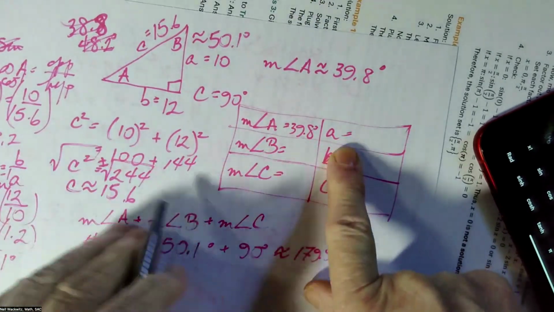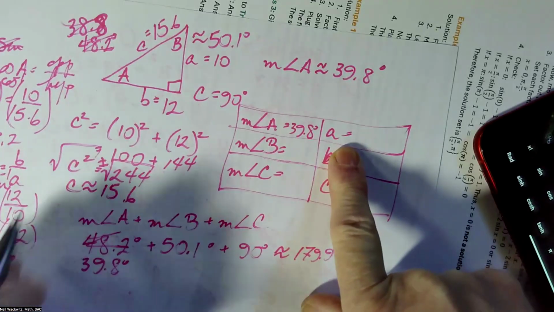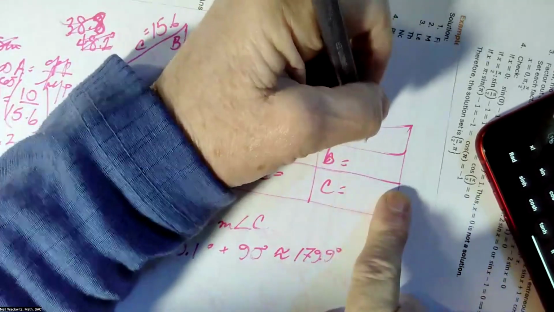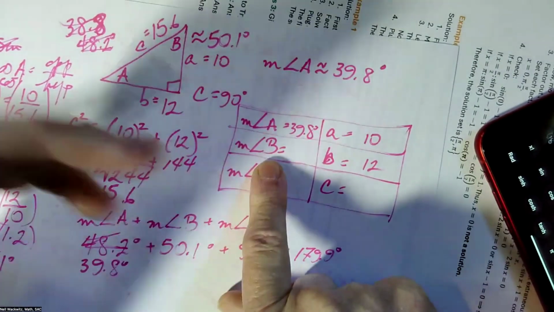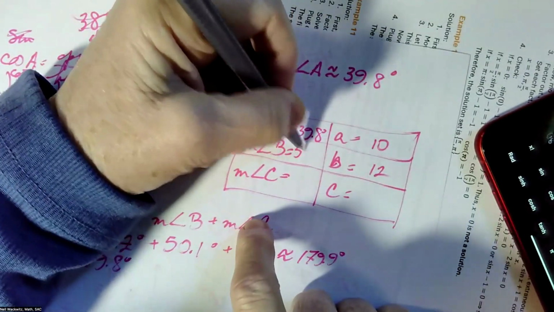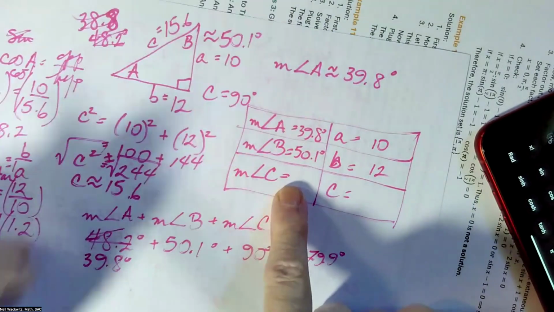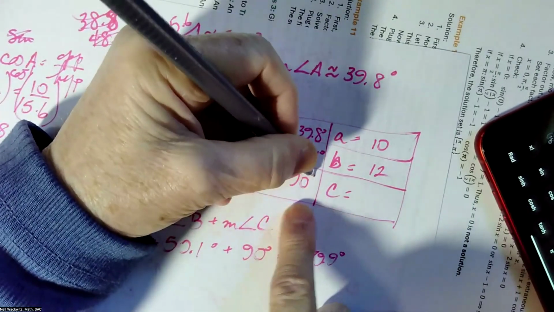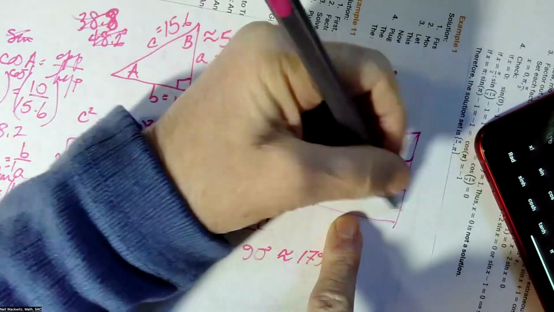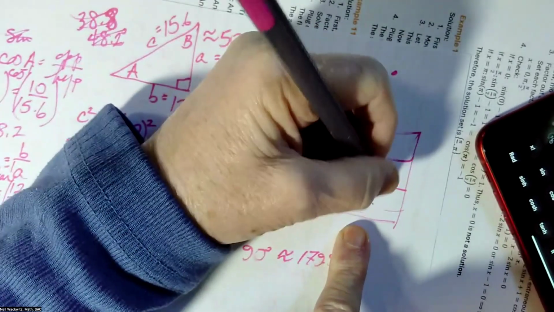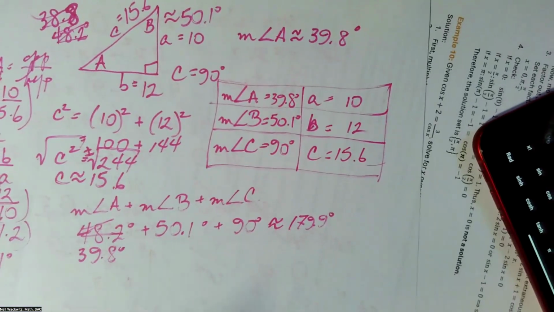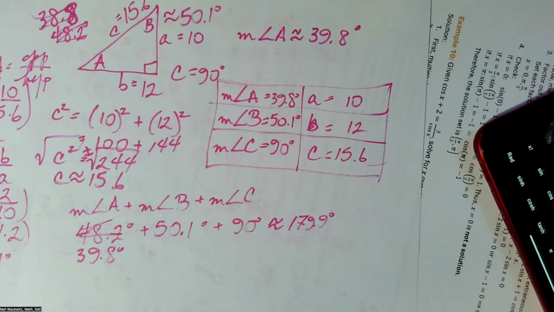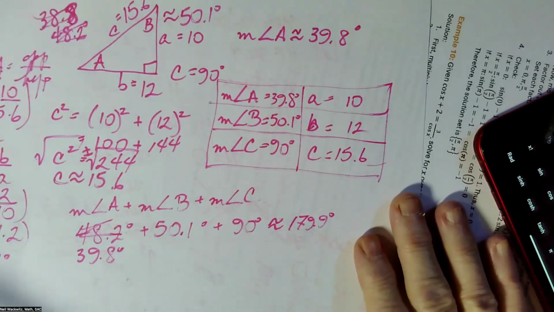Little a, we started with 10. Measure of angle B was 50.1. Measure of angle C is 90 degrees. Little c was 15.6. Having the information there in a box makes it super easy for you to read it later and find the information.